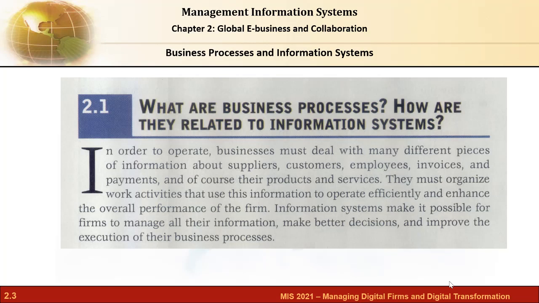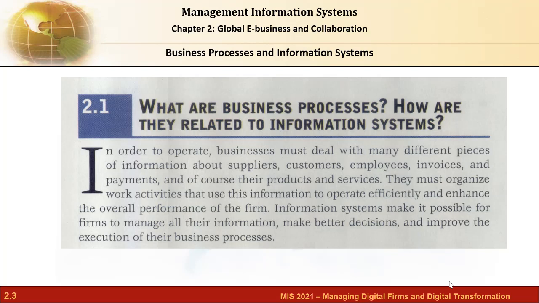The first topic is: what are business processes? How are they related to information systems? In order to operate, any kind of company, any kind of business, must deal with many different pieces of information, including information about suppliers, customers, employees, invoices, payments, orders, and inventory management, so that they can produce products and services.